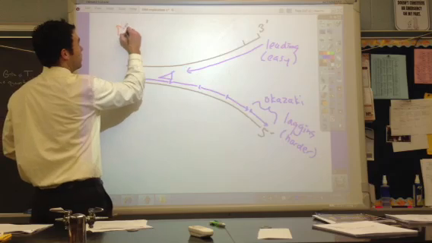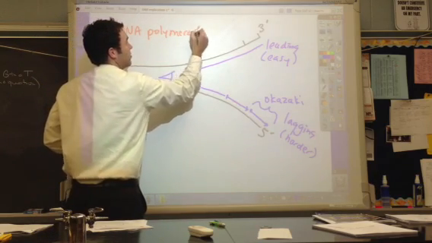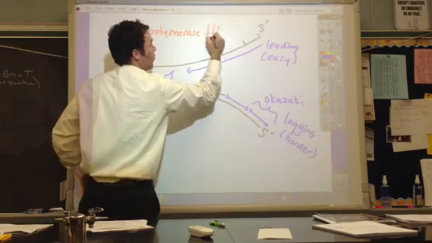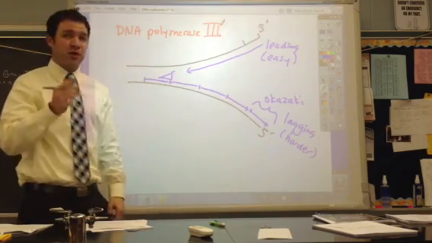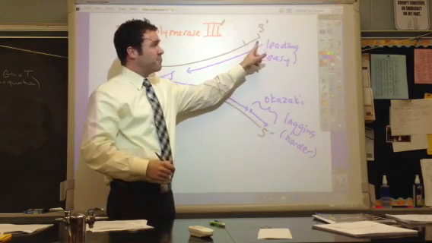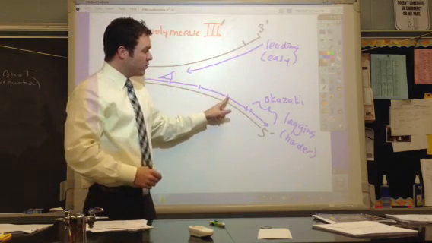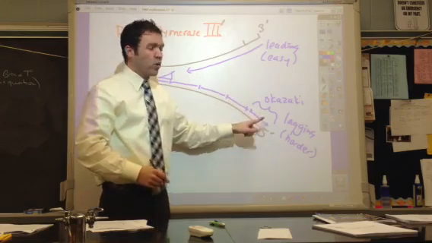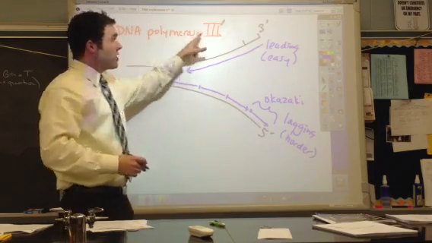The one that does the majority of the work is called DNA Polymerase 3. That is the one that adds pretty much the entire leading strand and is also responsible for producing all of these little Okazaki fragments. That's the main contributor to building DNA. Polymerase 3.